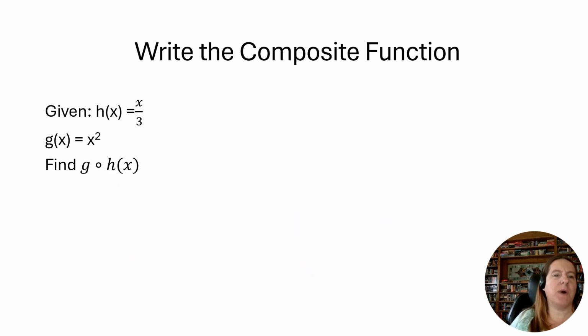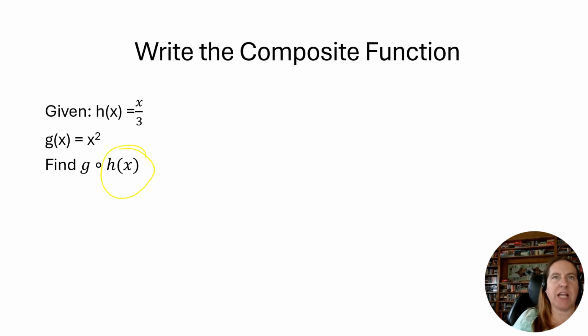And our last one, again, starting with the functions h of x equals x over 3, g of x equals x squared. Here I use the different notation, but this is still read as g of h of x. In this particular problem, h of x is our inside.